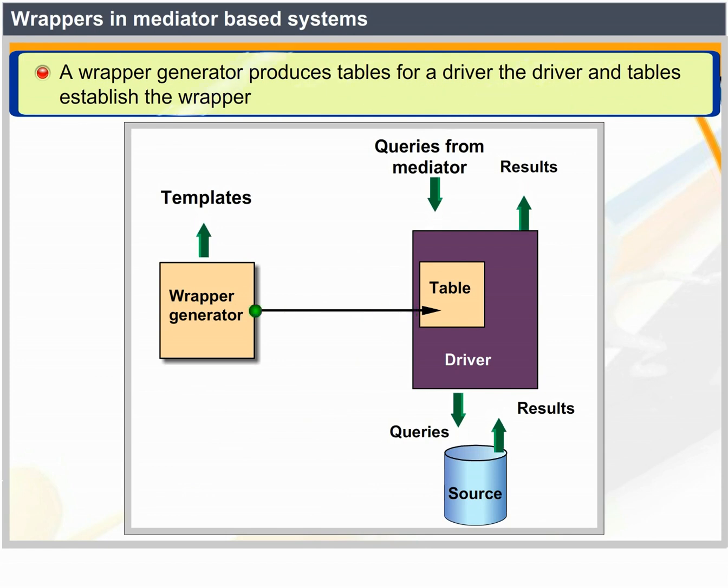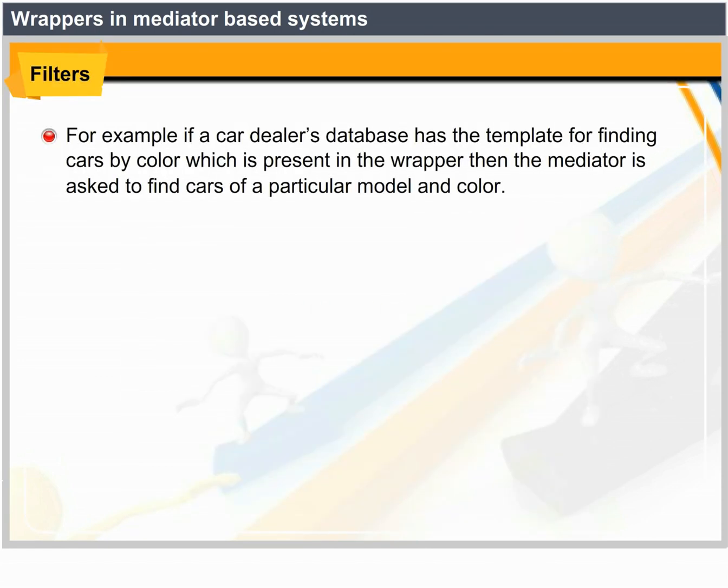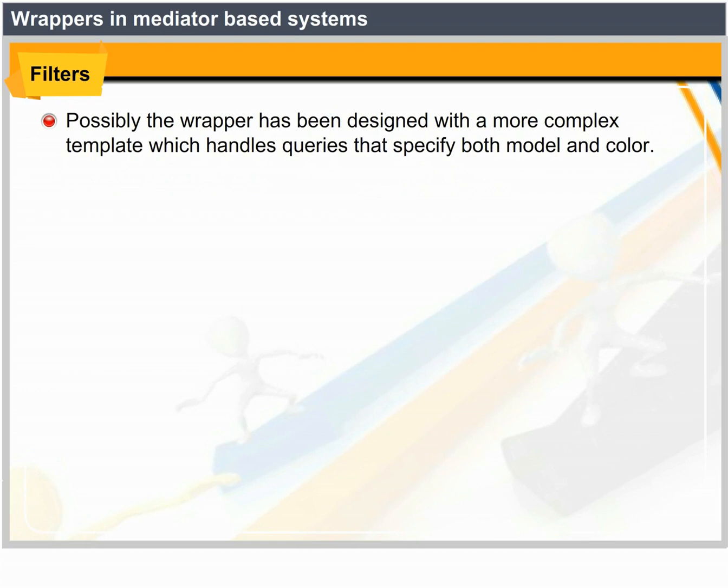Filters. Suppose that a wrapper on a car dealer's database has the template for finding cars by color. However, the mediator is asked to find cars of a particular model and color. Perhaps the wrapper has been designed with a more complex template which handles queries that specify both model and color.